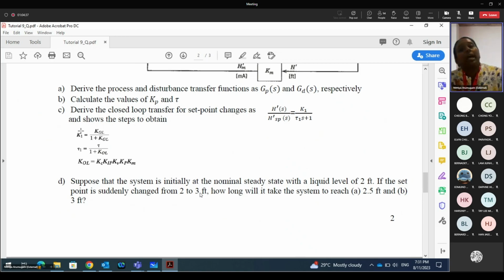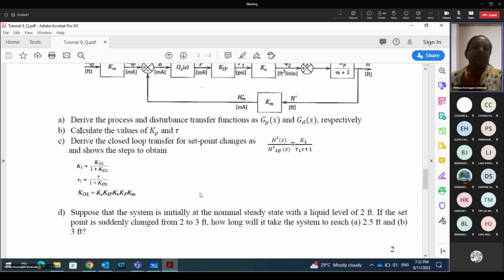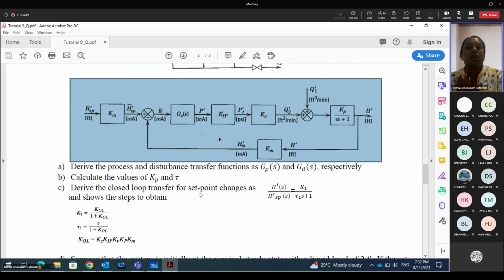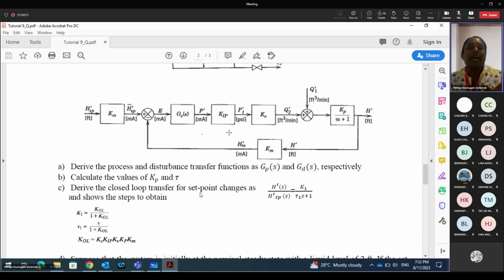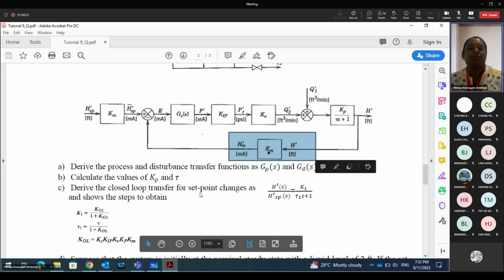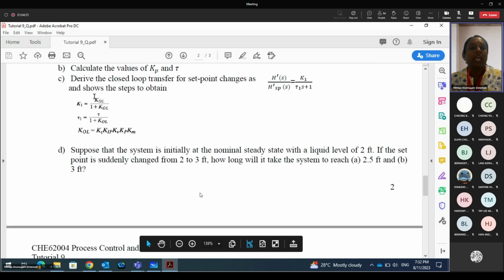So KOL here is for open loop. So the transfer function that we can get from this block diagram is for closed loop. If I open this loop, it will become KOL.